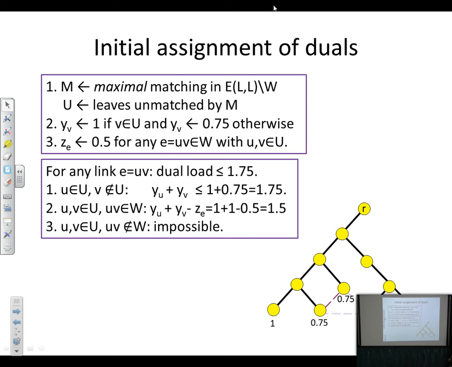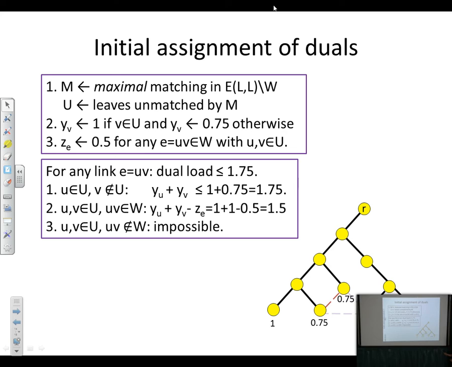So it's not hard to verify that with this assignment, the dual load on every link is at most 1.75. The dual constraint requires dual load at most 1, so we violate it by a factor of 1.75.